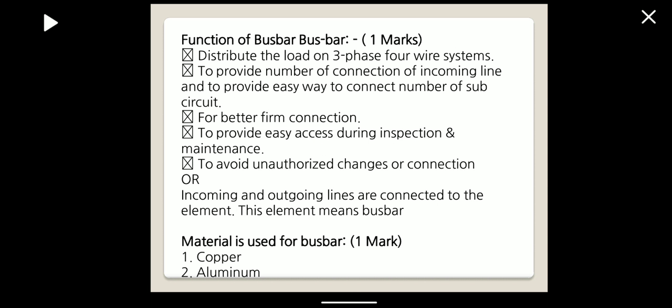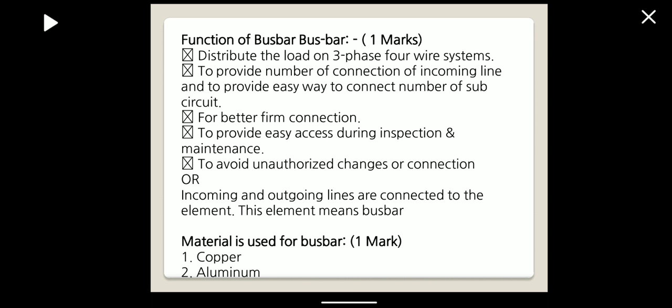Then next is bus bar. Bus bar is also important. What are the functions of bus bar? It distributes the load on the 3-phase 4-wire system. Then it provides a number of connections of incoming lines and provides an easy way to connect a number of sub-circuits for better firm connection.